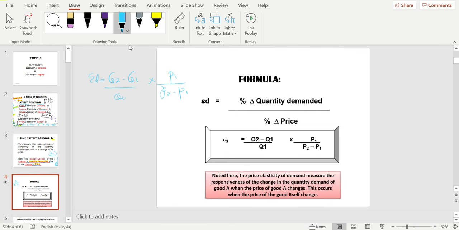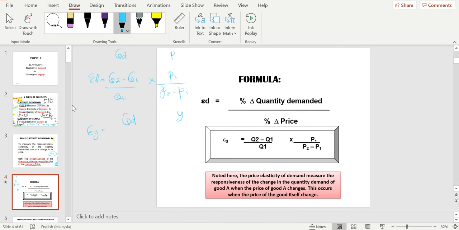Payahnya kita nak hafal. Tak perlu risau. You tahu one formula, automatically you akan tahu formula yang lain. Sebab you tahu untuk ED, relationship between quantity demand with price. Untuk EY, relationship between quantity demand with income.